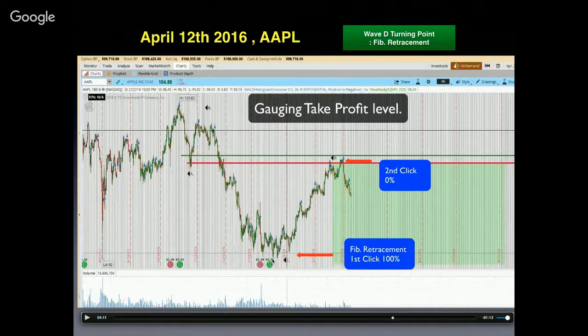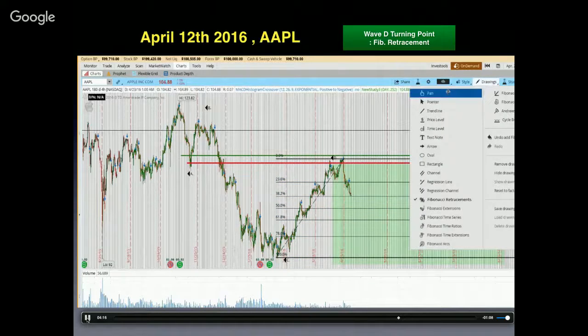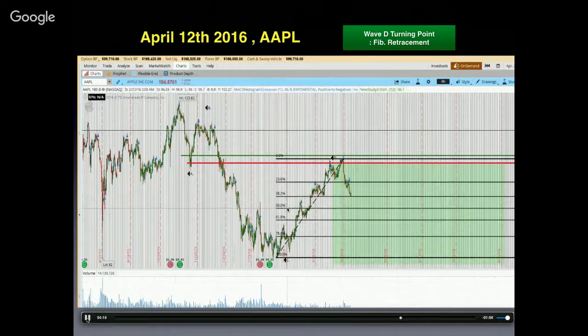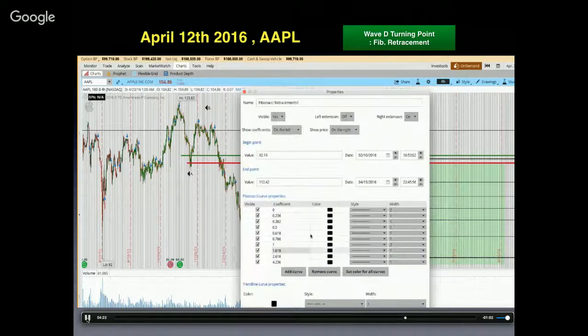What I can do is click 100%, somewhere at the lows. Second click, 0% will be here. In between, you'll be getting 50%, 61.8, 78.6. All right. So the target that I'm looking at will be 50%.